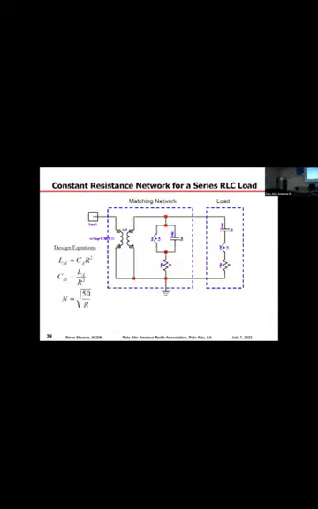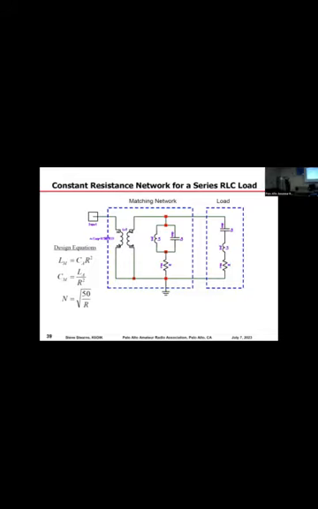I'm going to show you a way to make a constant resistance network. Here we have a load that looks like a series RLC on the right. We have a matching network in the middle, in the dashed blue line, and we have our feed point on the left.